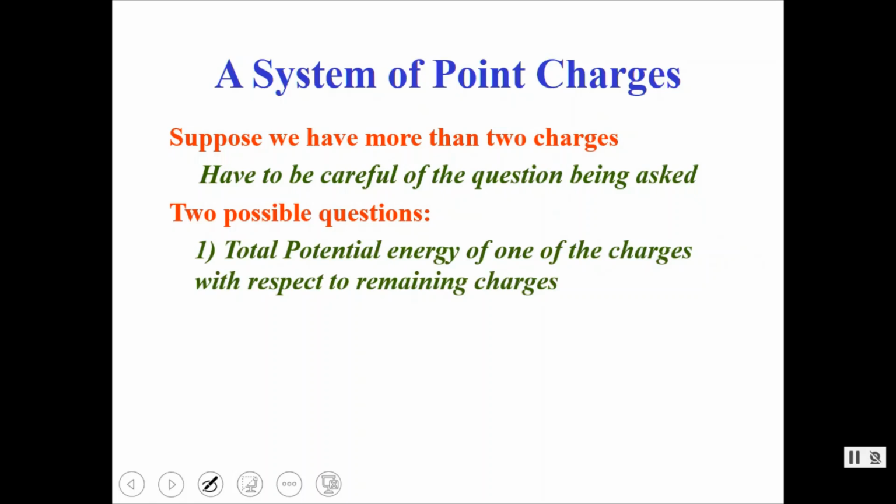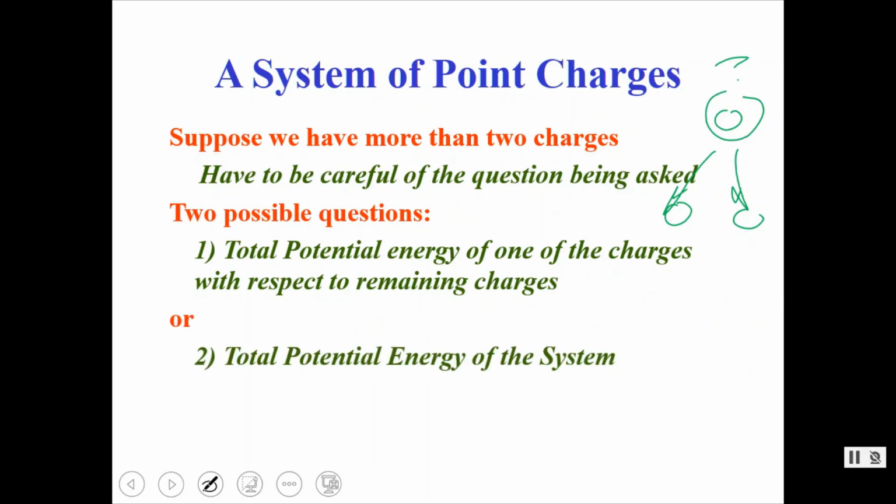This is the way it is normally asked. This is just like the questions you've seen before, where you might have 3 charges in a triangle, and you want to find the potential energy of this charge due to its interactions with the other 2 charges. That's the normal question.